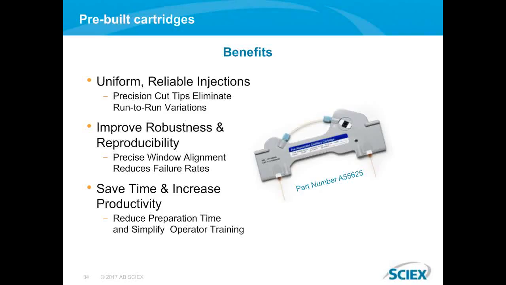The pre-built cartridge has benefits as well because it gives us uniform, reliable injections with the precision cut tips at the end of the capillary, eliminating any kind of injection problem and run-to-run variations. It improves robustness and reproducibility, and of course, it saves time and increases productivity because nobody has to build this cartridge themselves.